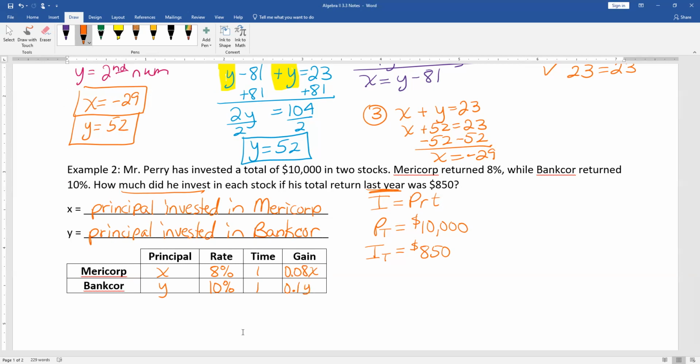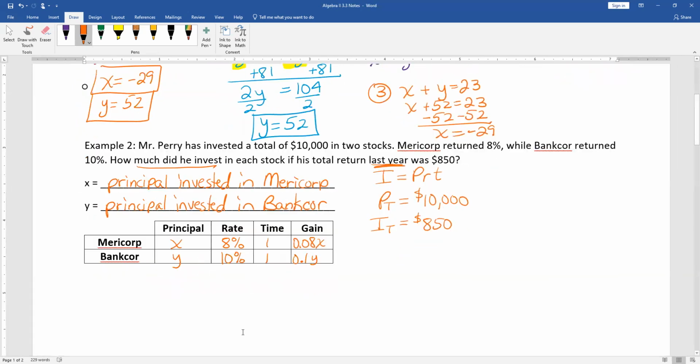All right, so now we need to figure out our two equations. The first one is usually you can find a simple one, right? We're asked to find principal, and we do know that the total principal he invested was 10,000. So first step, the principal that he invested in AmeriCorp plus the principal that he invested in Bancorp equals $10,000.